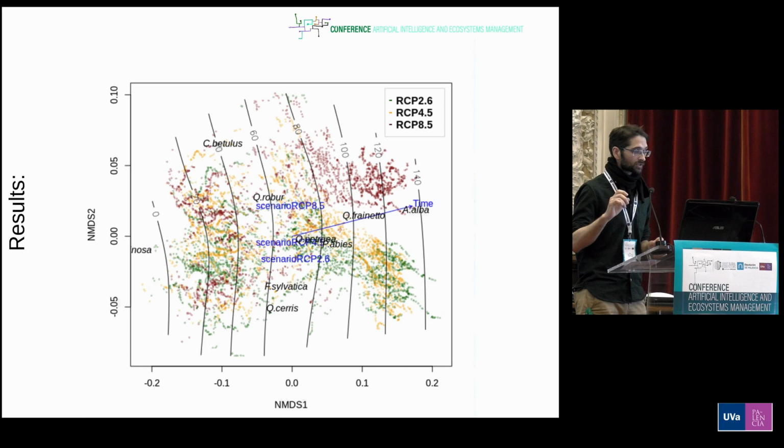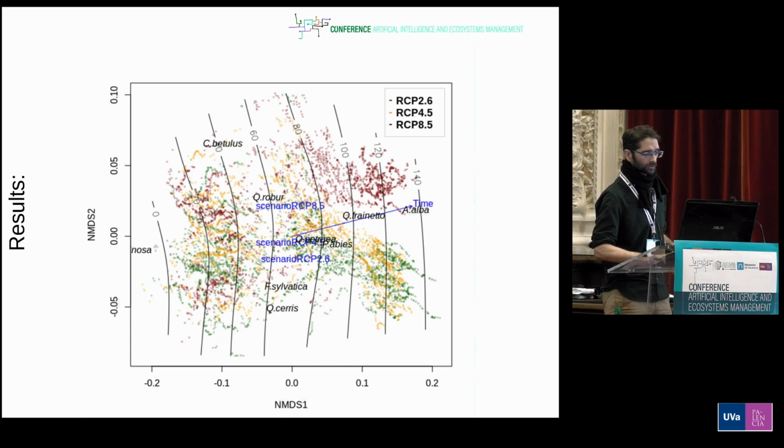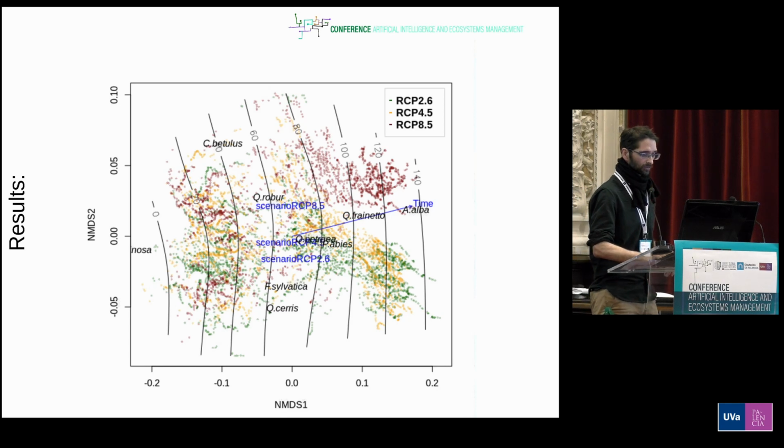The scenario that was really different was the intense climate change. The RCP, the representative concentration pathways, the 8.5 differentiates really from the others.